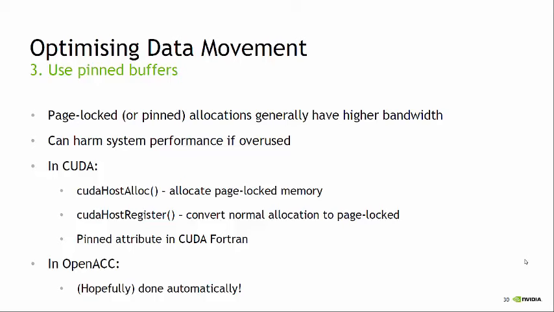It's a fair question. Behind the scenes, the PGI implementation allocates pinned buffers, and when it does data transfers, it uses the host to copy the user data to the pinned buffer and then does an asynchronous transfer to the device. Inverse as well.